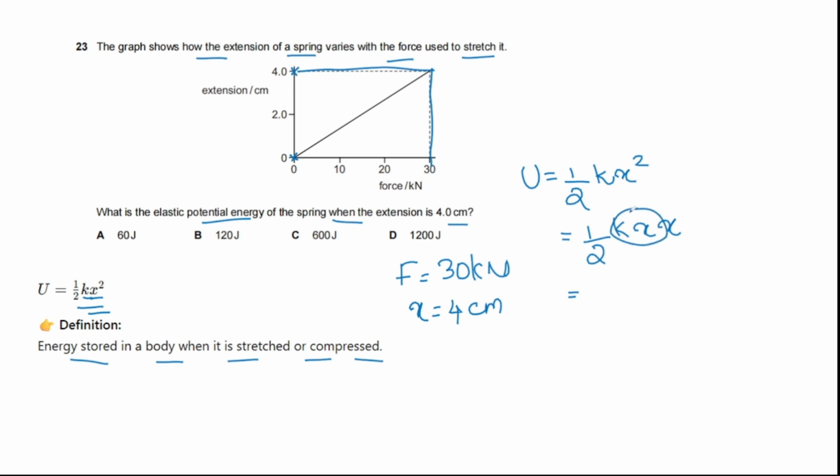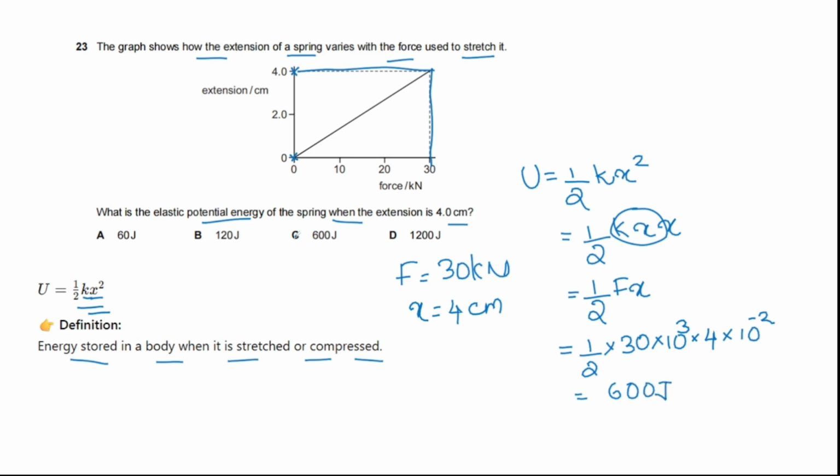So here kx is representing the force, so half Fx is another formula. So we can just substitute for the force, which is 30 times 10 to the power of 3, multiplied by 4 centimeter, which is 4 times 10 to the power of negative 2. So after substituting, you will get 600 joules.